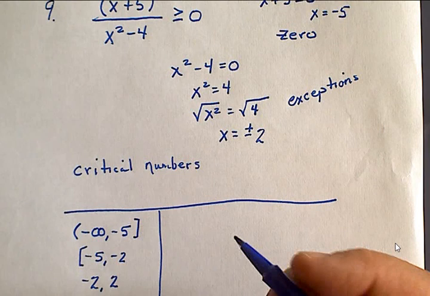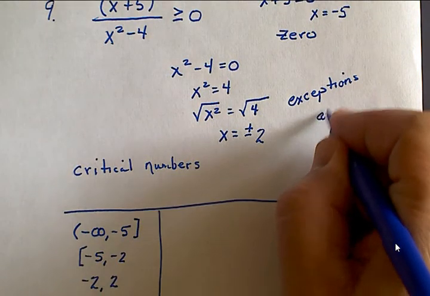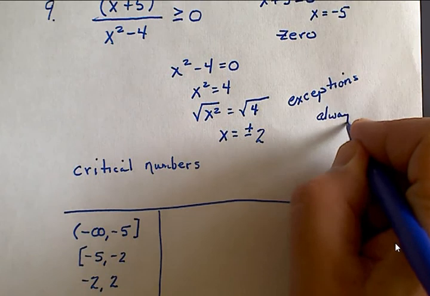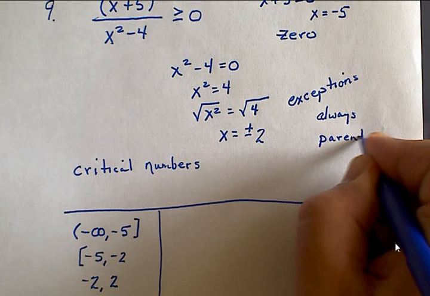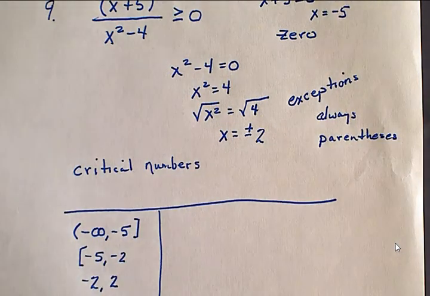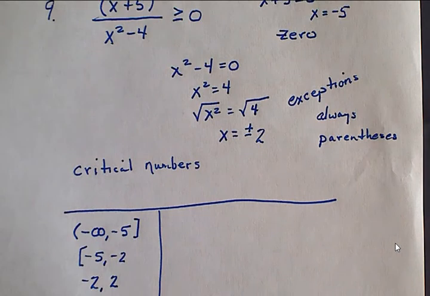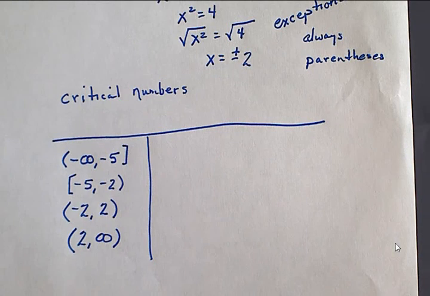The exceptions that we find are always surrounded with parentheses. You cannot include an exception as part of your solution. So parenthesis, parenthesis. There is your table. Now, I'm going to test those one at a time.